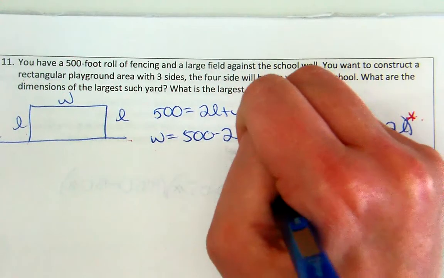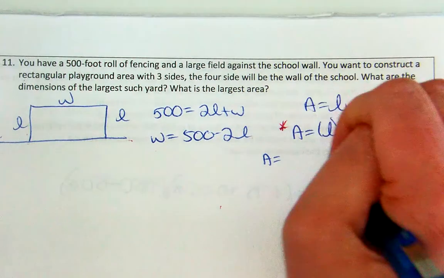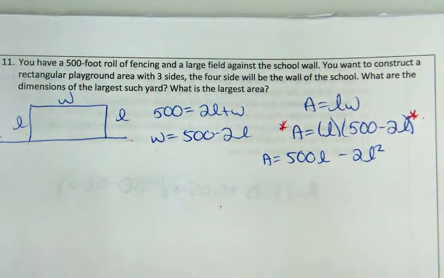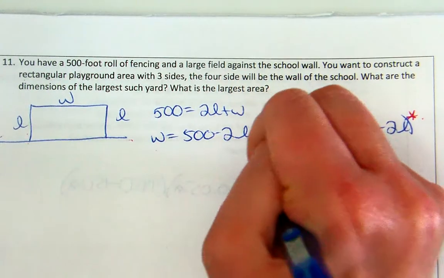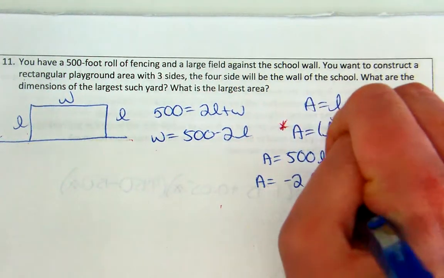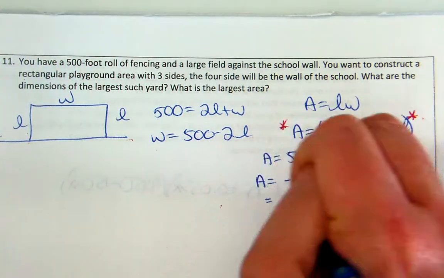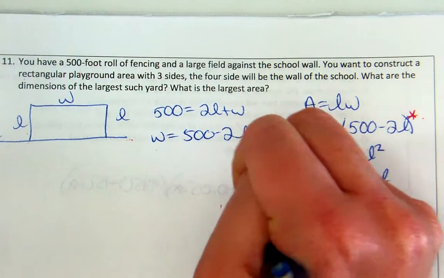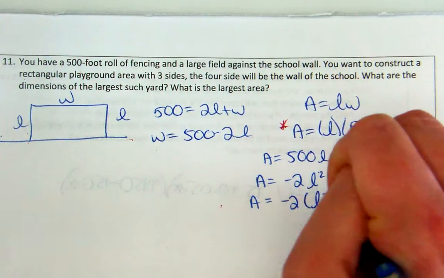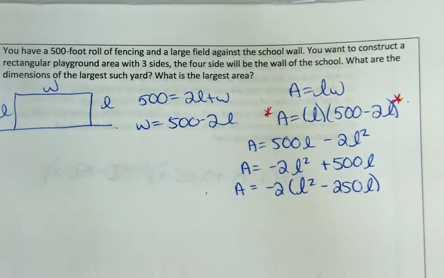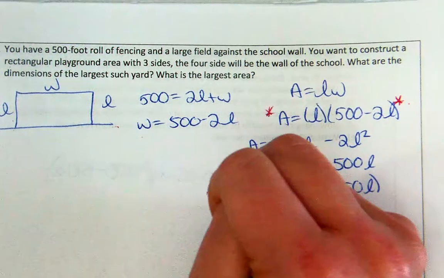I'm going to use distributive property to expand, which would give me 500L minus 2L squared. In proper order, that's negative 2L squared plus 500L. And I'm going to complete the square. So I factor out my A value, which leaves me with L squared minus 250L inside the brackets.